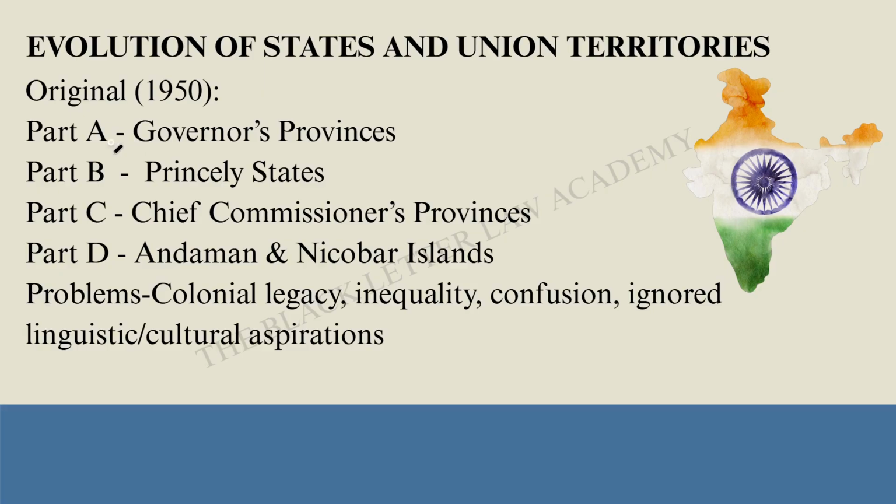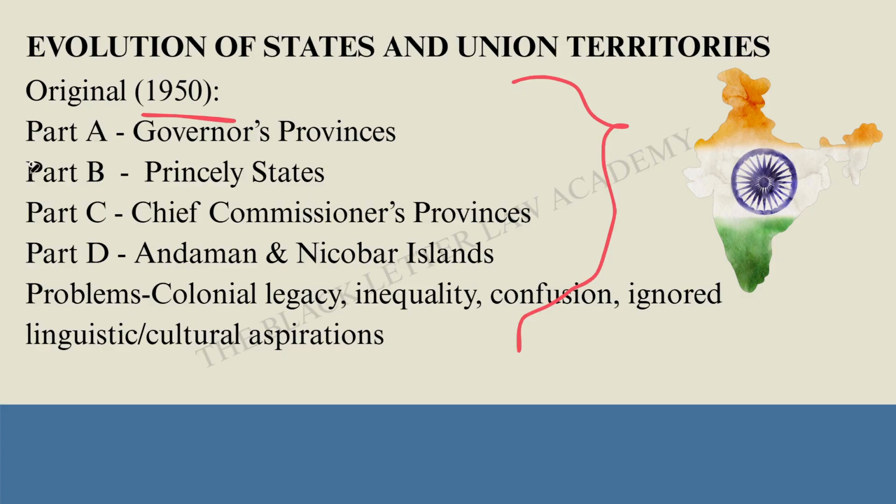When the Indian constitution came into force in 1950, India did not have the simple system of states and union territories that we see today. Instead, the constitution followed a classification that was largely influenced by the colonial administrative system. At the time, the country was divided into 4 categories.